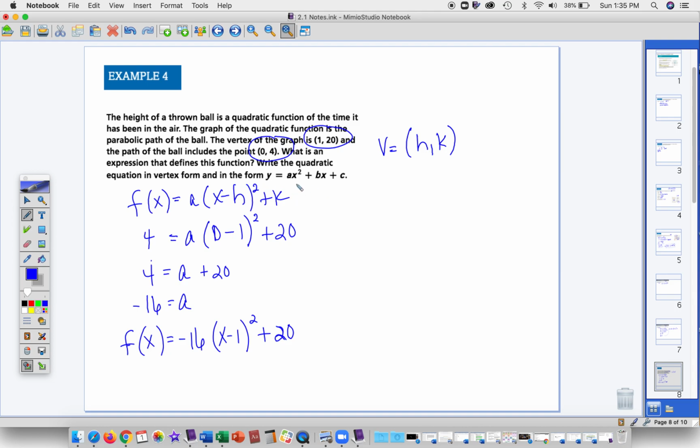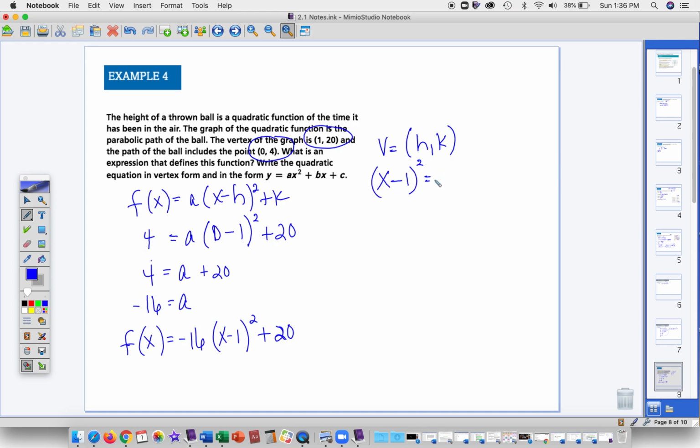And now we're going to put this into this form. So what we have to do here is actually multiply this out and then distribute the -16 and combine the constants. So if you remember, let's do a little side work here. X minus 1 squared, that's the first thing we're going to do.